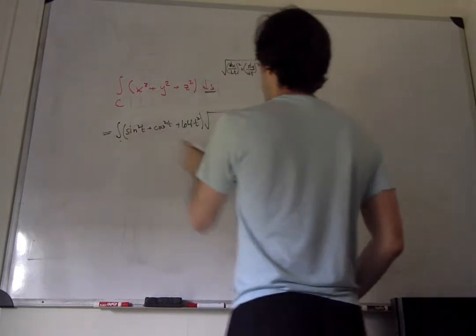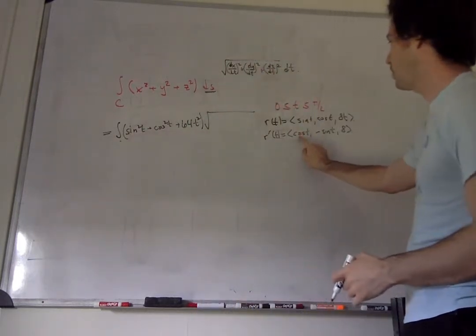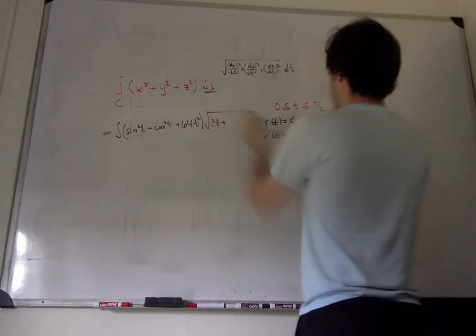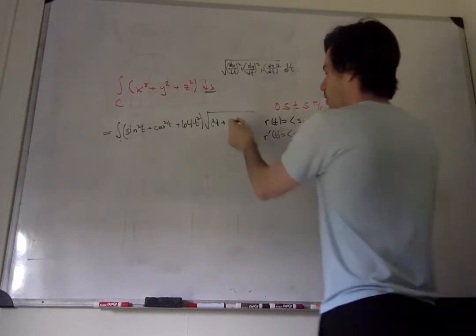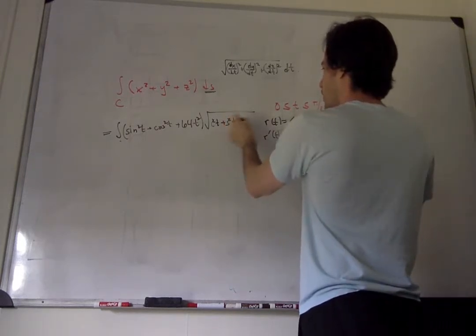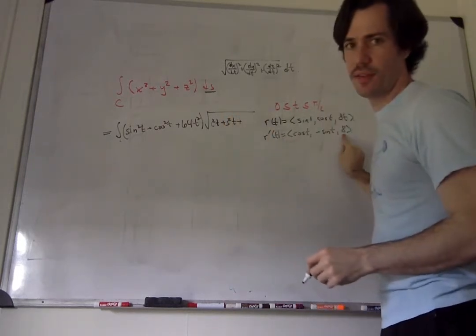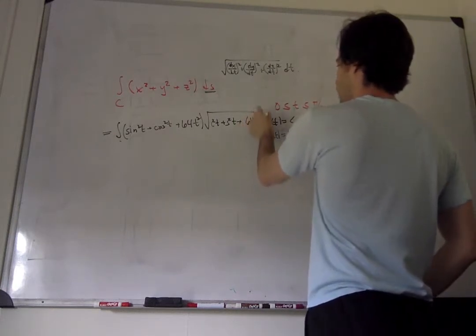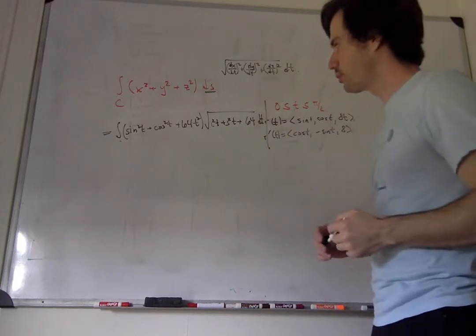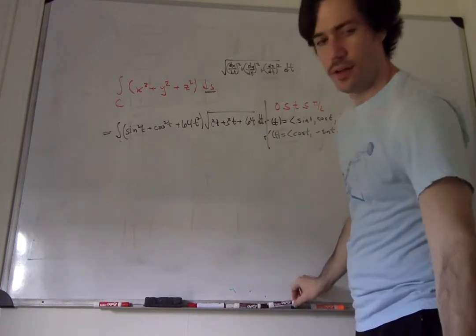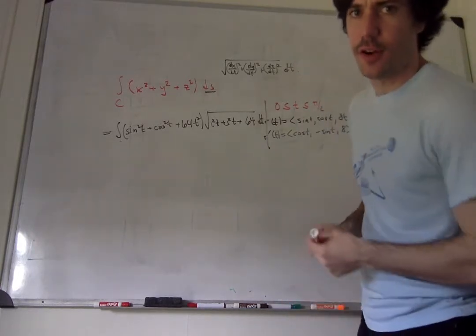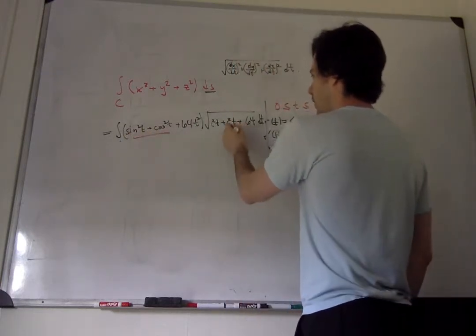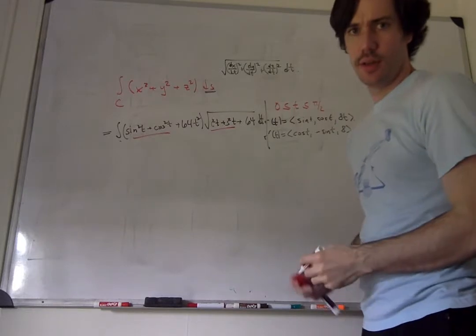This is going to be cosine squared t plus the square of sine, sine squared t, plus 8 squared, which is 64. So you have 64 dt. Now, obviously, you know from experience that this is 1 and this is 1, right?